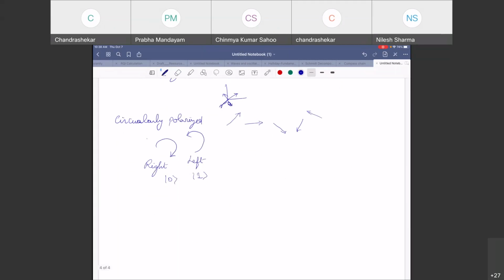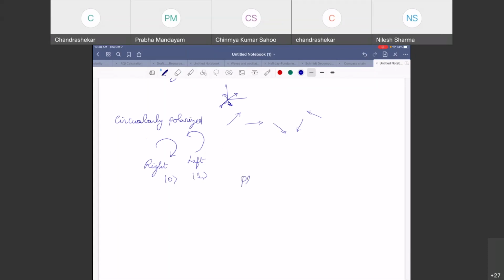Apart from this, you can also use the angular momentum of photons or path entanglement. Path entanglement is when you generate the qubits, you can superpose the two possible paths of a qubit and create some kind of an entanglement. So you can use all these things as qubits.